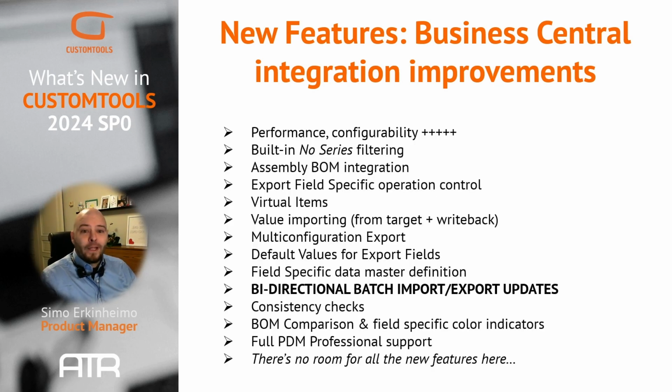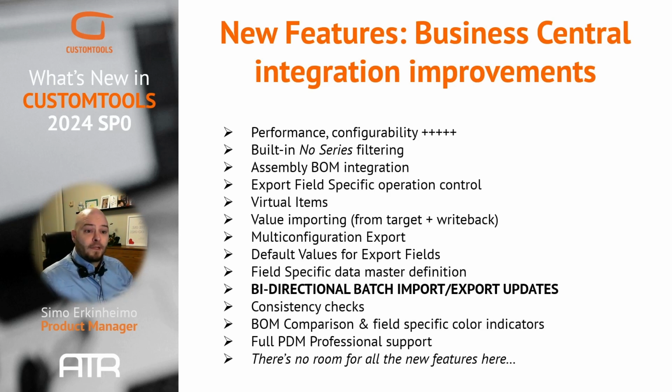So let's quickly go through these. Performance and configurability have significantly improved from the previous version, as the new API is simply faster to interact with. The NO series, you might have hundreds of those, and usually the filtering was done as a custom solution, but that's now also a built-in solution. Assembly BOM integration was introduced.